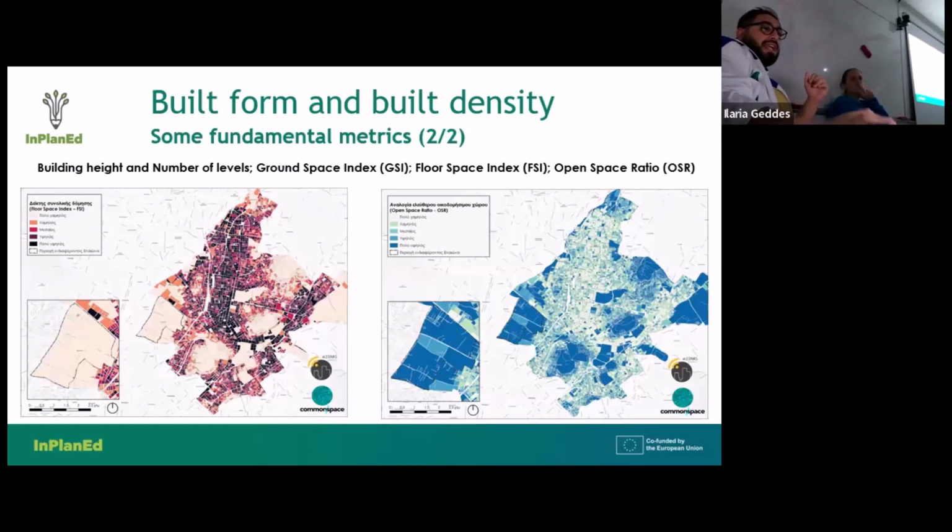And also the open space ratio, which reflects the pressure the built environment puts on the unbuilt environment. So here we can see the floor space index for Athens again, and here the open space ratio for Athens. We can see how different, complementary images we get with these two maps.